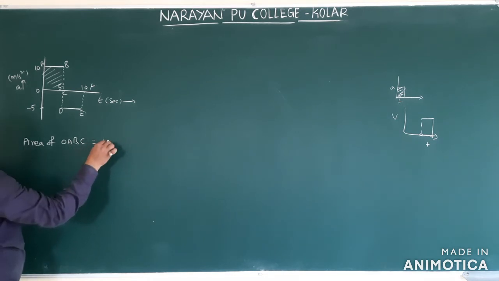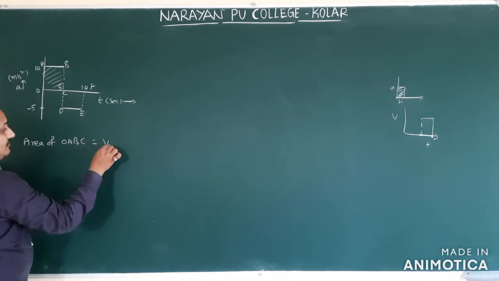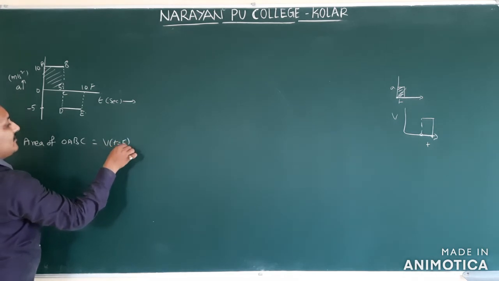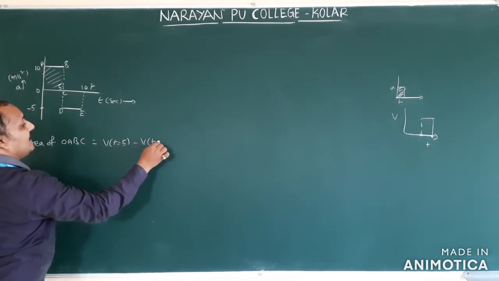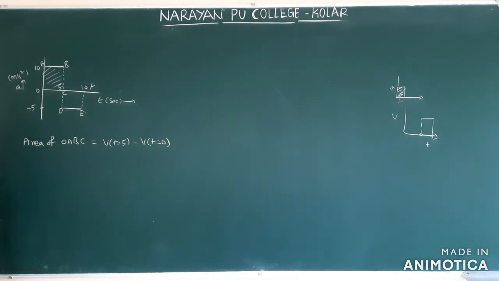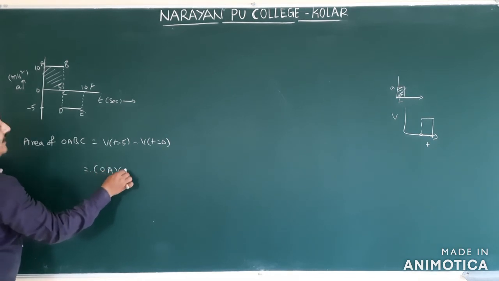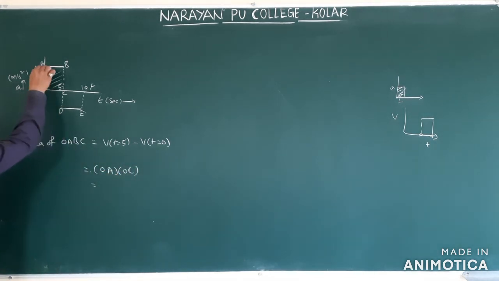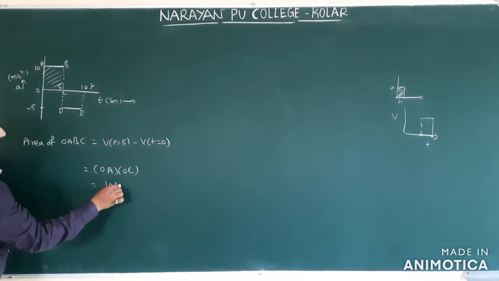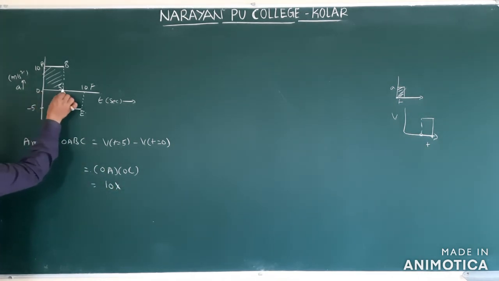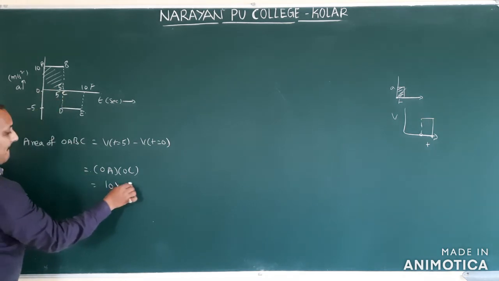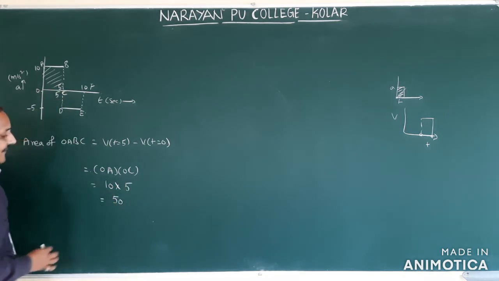Change in velocity means velocity at t equal to 5 minus velocity at t equal to 0, which is equal to the area OA into OC. What is the OA value? 10. OC value, from O to C, what is this value? 5. Therefore 50.